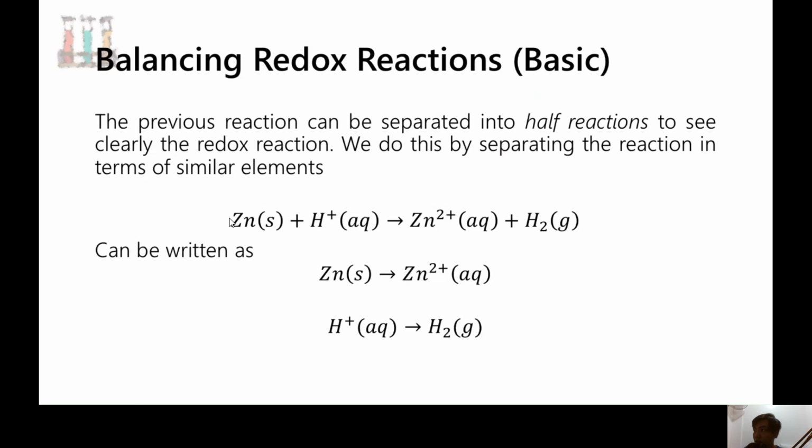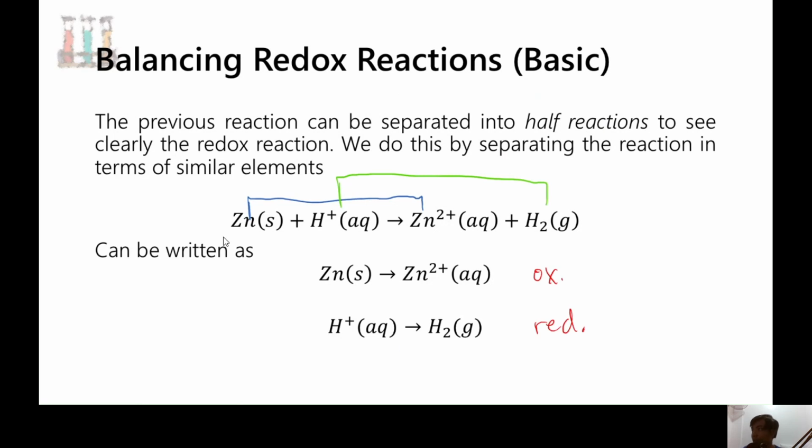We just identified that zinc underwent oxidation and hydrogen underwent reduction. In creating half reactions, you have to split them. From one whole equation, we make two separate equations. This is the oxidation. This is the reduction. So that's the first step: you separate your entire equation into two.